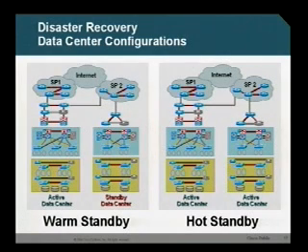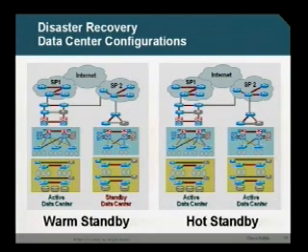If you look at it, basically, there are just two terminologies you'll hear: warm standby and hot standby. Warm standby basically means that it's a DR site. We have an active data center, and we have a standby data center. The active data center is the one which is servicing all the requests which are coming in, and the standby data center exists just in case there's a failure in the primary data center, and we'll service requests on the standby data center.